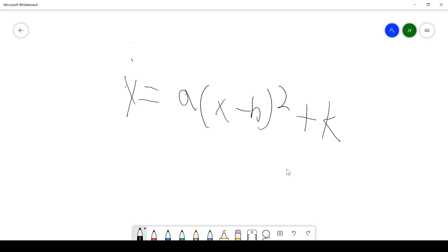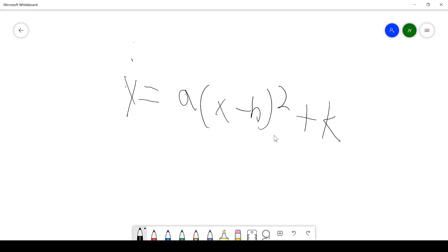What y means, well, it's y in the case that it's being drawn on the y-axis, and the parabola is not horizontal. It extends up or down, depending on if a is positive or negative.